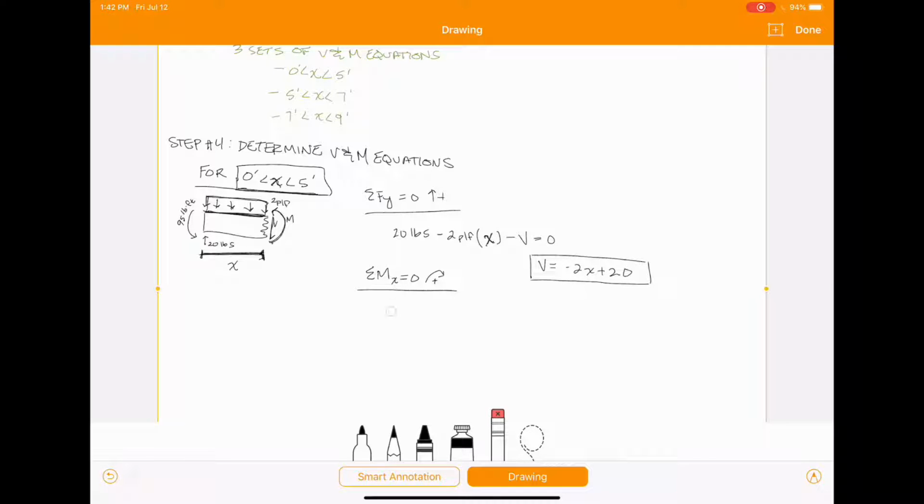So we're going to get 20 pounds times, again, a distance x, minus 2 PLF times x times our moment arm, which is going to be x over 2.